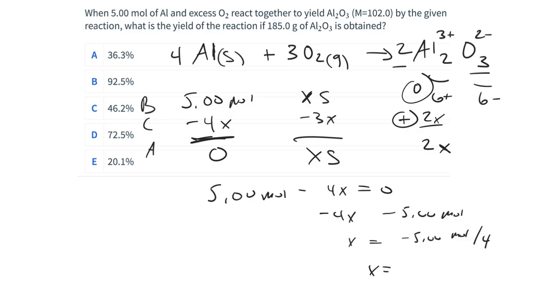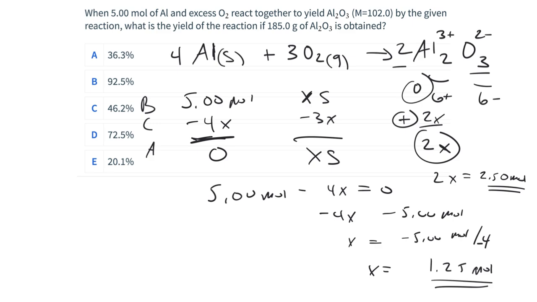X would be equal to negative 5 divided by negative 4. Not negative, it's negative divided by negative, that's the whole point. It's obviously going to come out positive, so it's 1.25 moles. The quantity of product that forms should be 2 times x, so 2.5 moles of product should form.